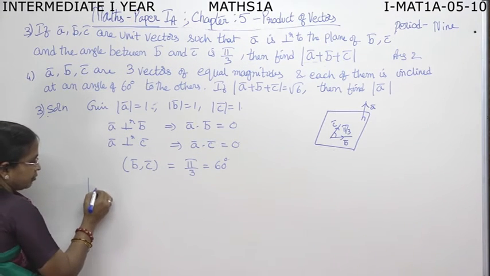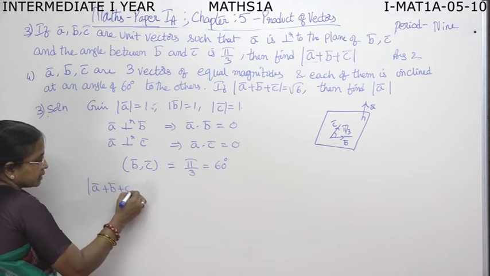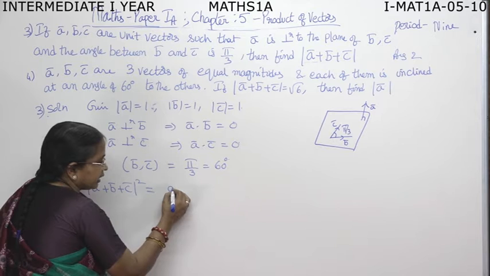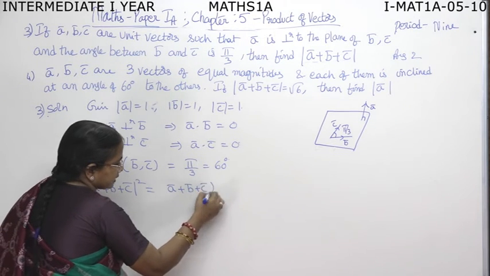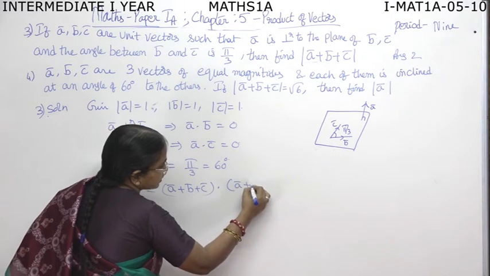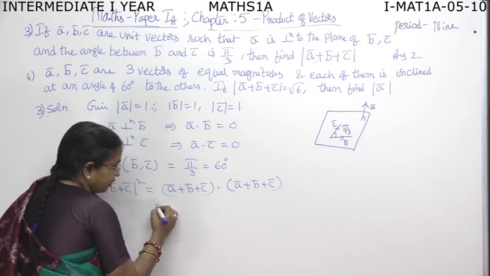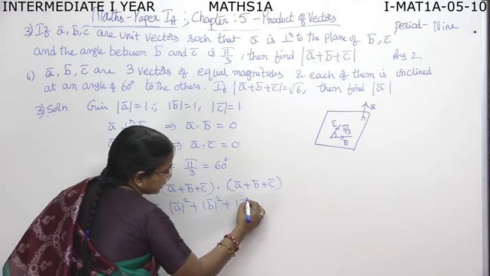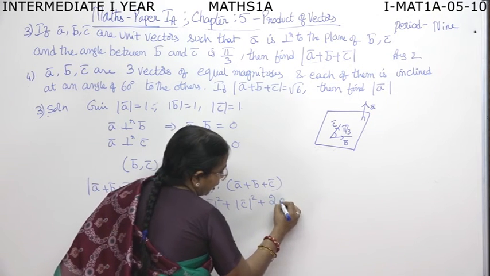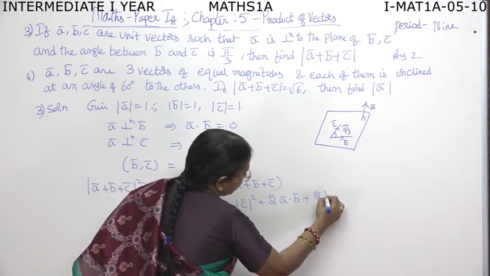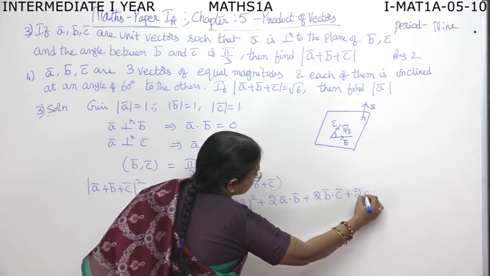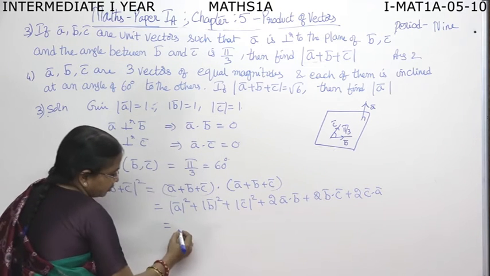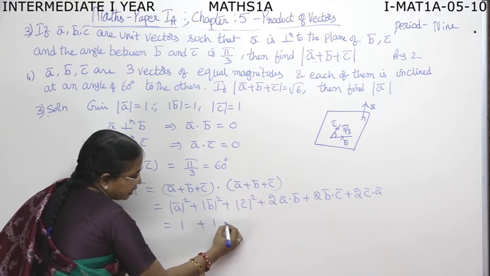Okay, now we'll find mod of A plus B plus C whole square. To find mod A plus B plus C, we always find the square and then take the root. So it is A plus B plus C dot A plus B plus C. You know the formula: mod A square plus mod B square plus mod C square plus 2A dot B plus 2B dot C plus 2C dot A. So mod A is 1, B and C also 1, so 1 square plus 1 square plus 1 square.